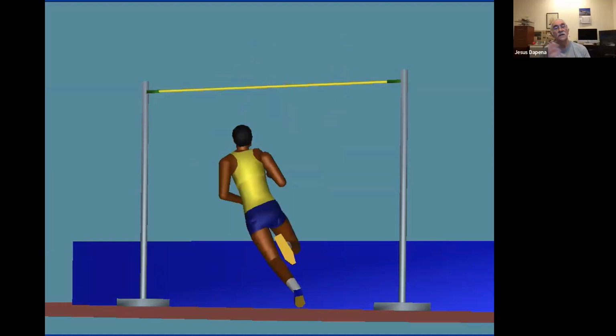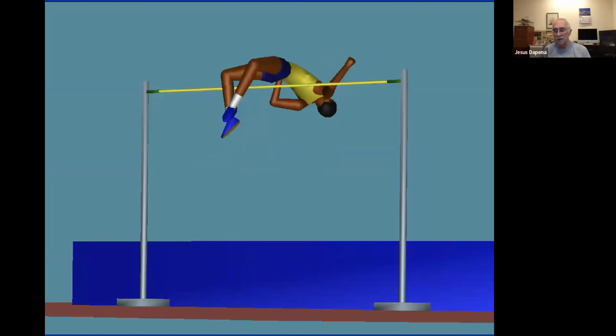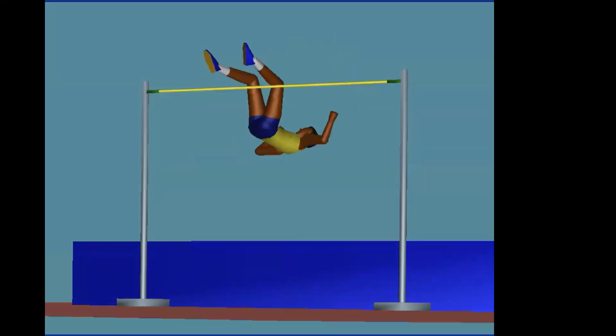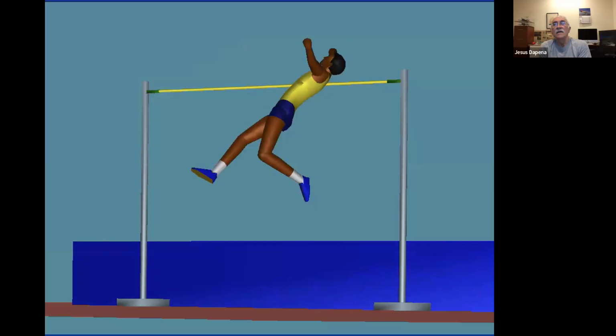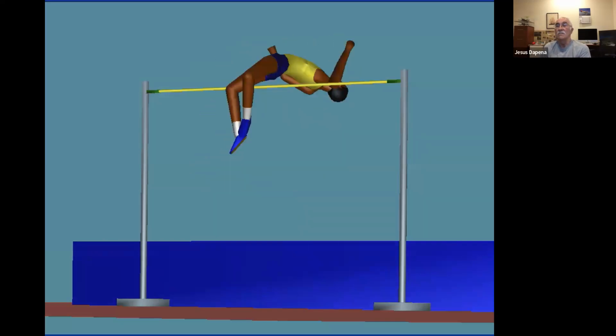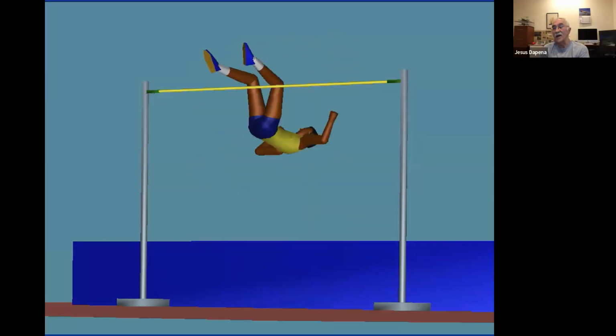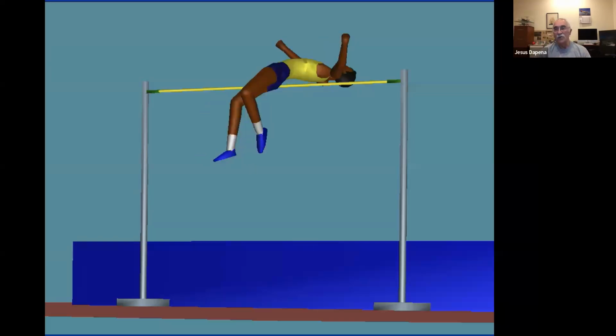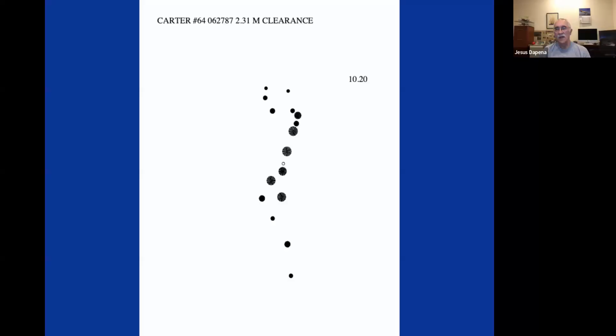Okay, now we'll see that only after the end of the takeoff. And here again, I would like to ask you, do you see mainly clockwise or counterclockwise? We're going to have the same problem as in the other view. So again, we're back to the little circles, but now this is in the view from behind the athlete, from the camera that is chasing the athlete.